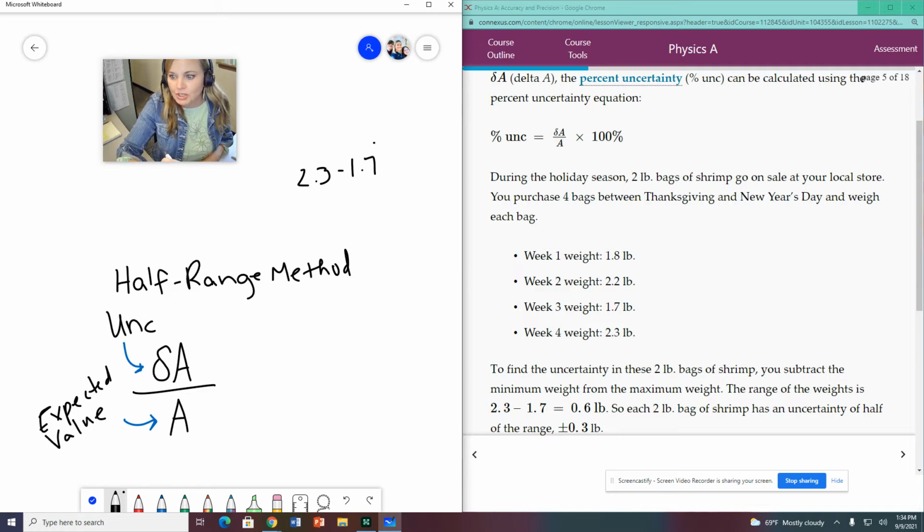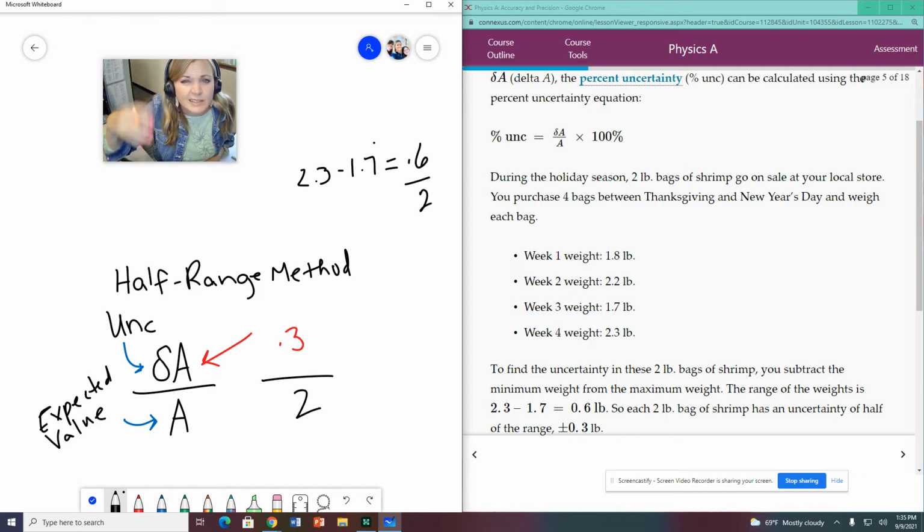That's our range, which is 0.6 apparently. And we take half of that, we divide it by 2, which gives us 0.3 as our delta A. Okay, and then the expected value is 2.